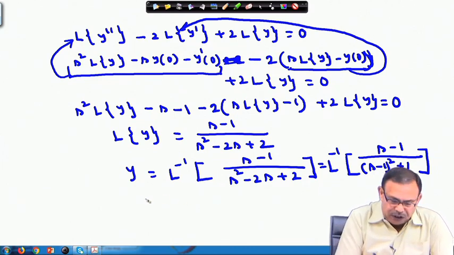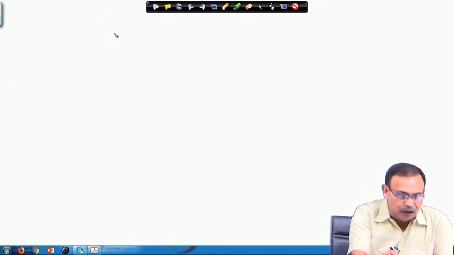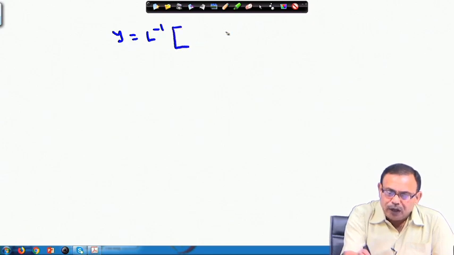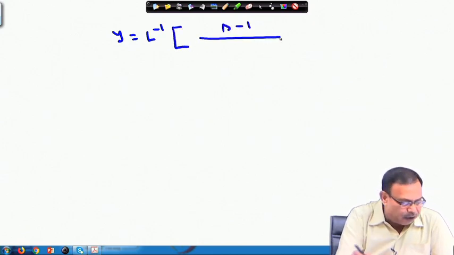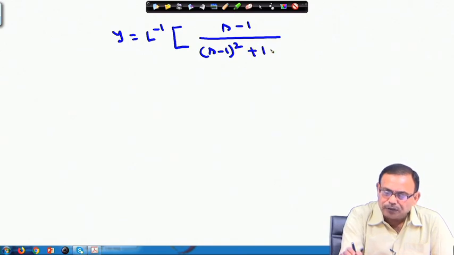Let me write it down clearly on the next page: y equals Laplace inverse of s minus 1 divided by s minus 1 whole square plus 1.